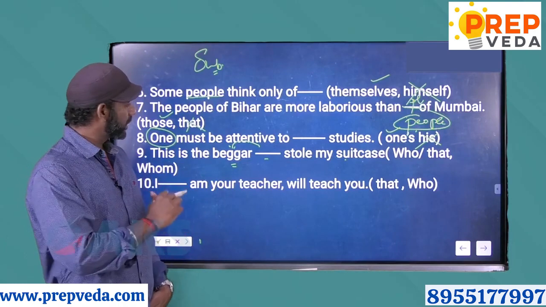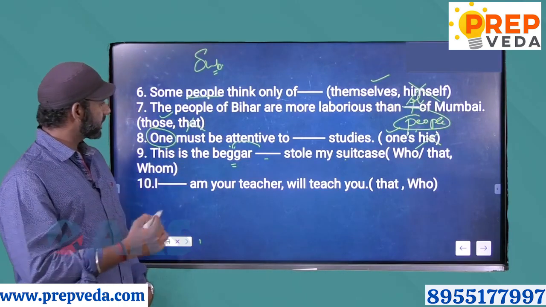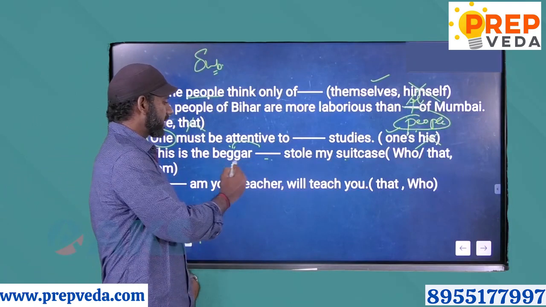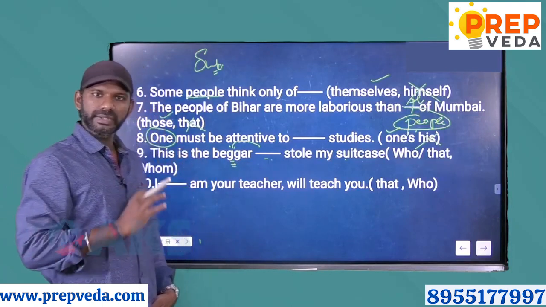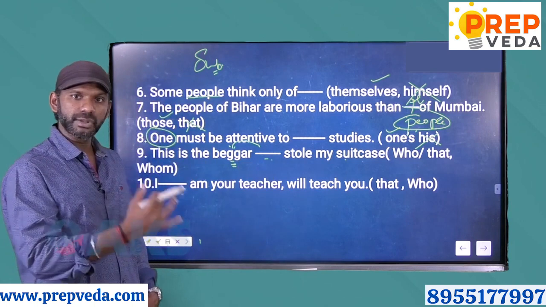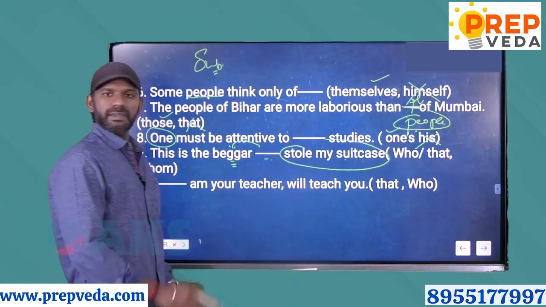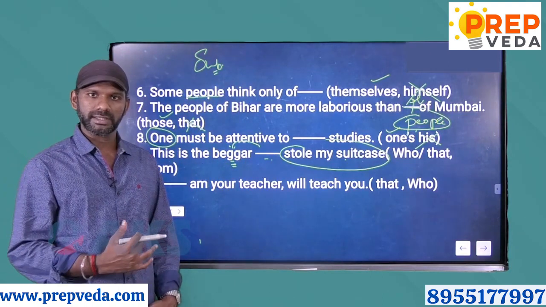Right. Now, understand the meaning. This is a beggar dash stole my suitcase. This blank refers to the beggar, and according to this sentence, the action related to the beggar is stole my suitcase. That means the beggar stole my suitcase.